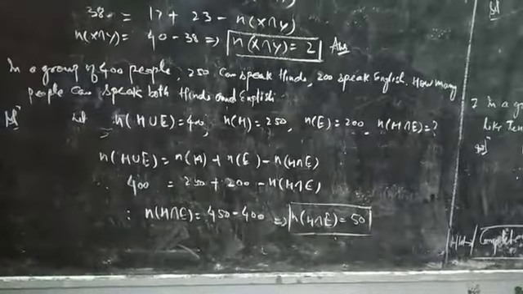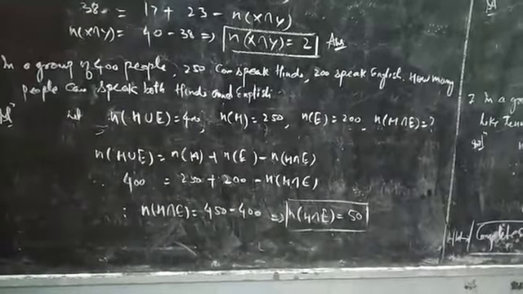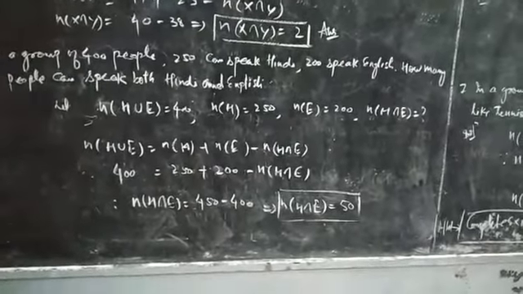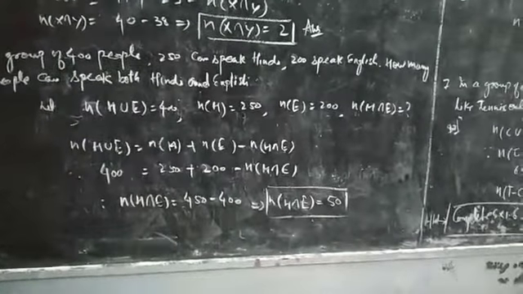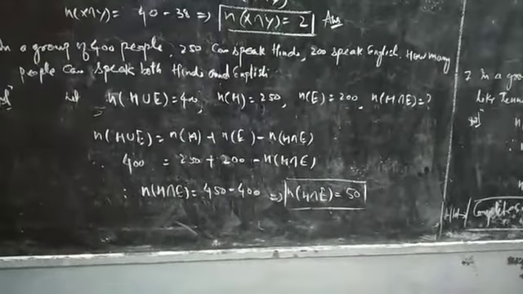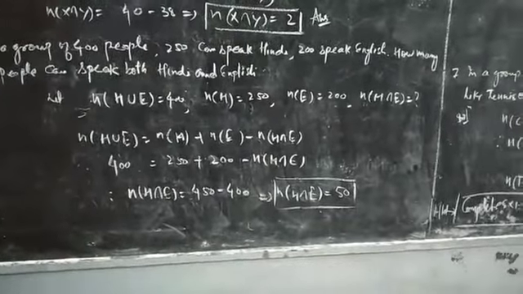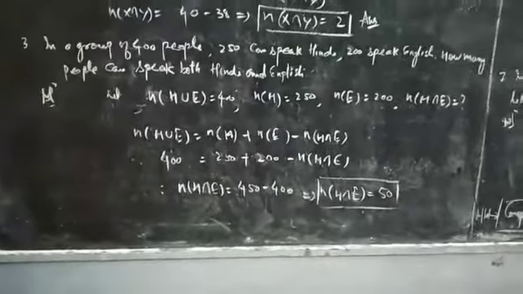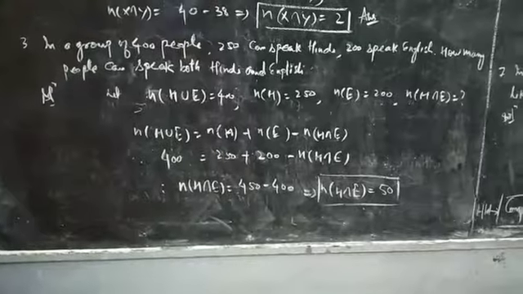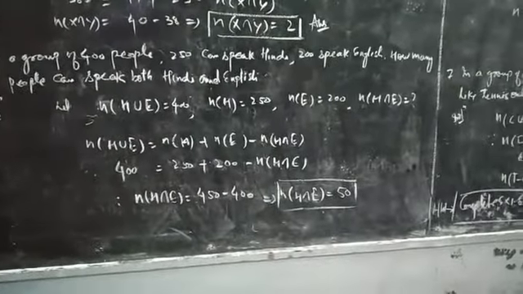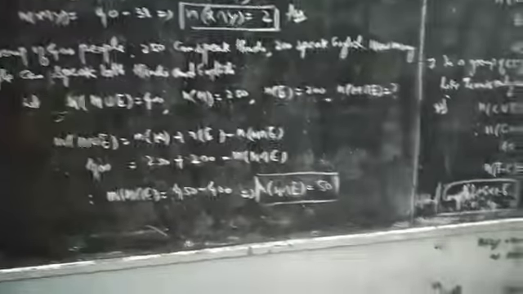So we can suppose n(H ∪ E) = 400, n(H) = 250, n(E) = 200, n(H ∩ E) = what? n(H ∪ E) = n(H) + n(E) − n(H ∩ E). Putting in the values, n(H ∩ E) = 450 − 400. Therefore, n(H ∩ E) is equal to 50.